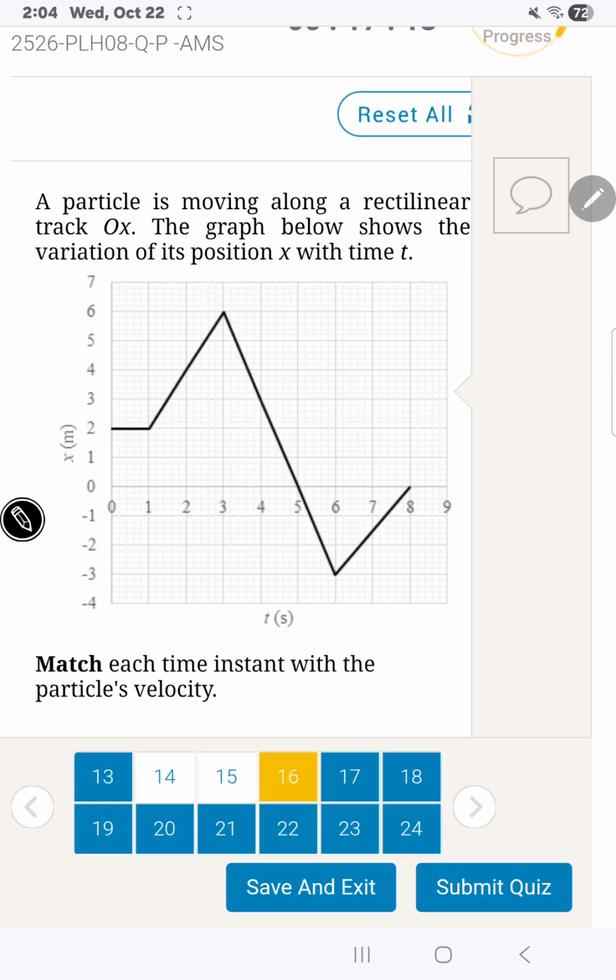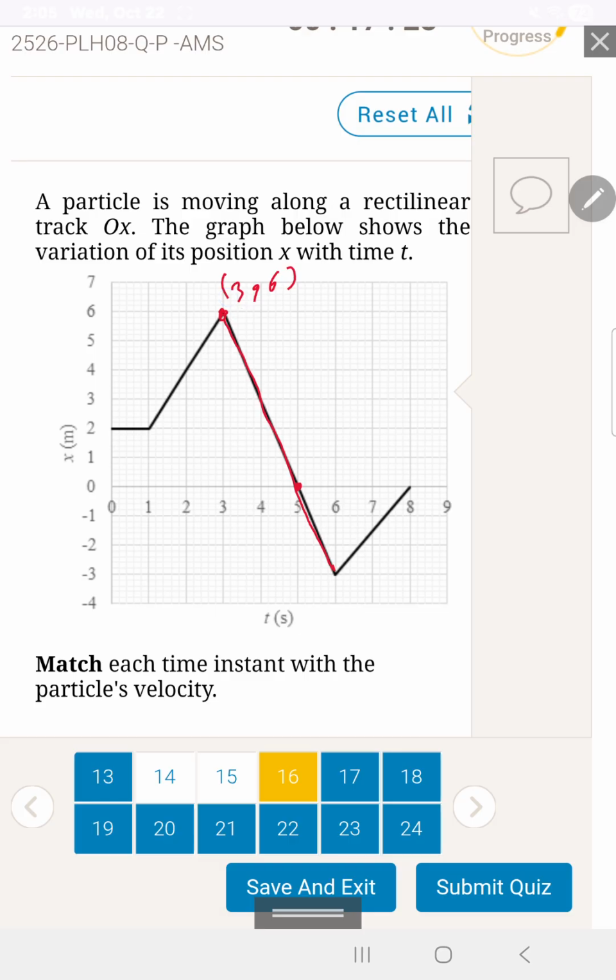Now at 5 seconds, you go here, you find here is 5. So this means you have to find the slope of this line. Pick any 2 points like 3, 6, and 6, -3.